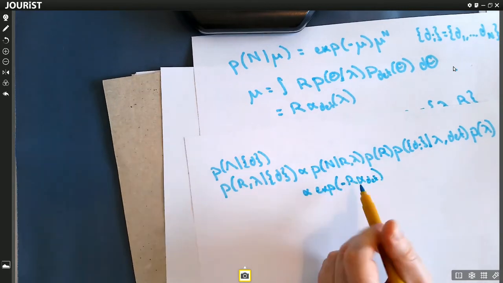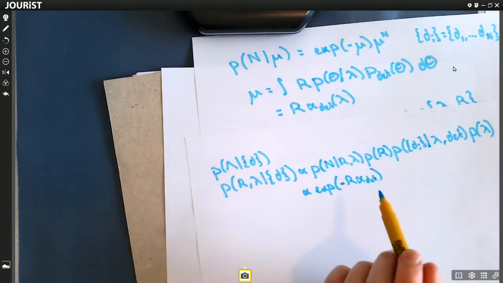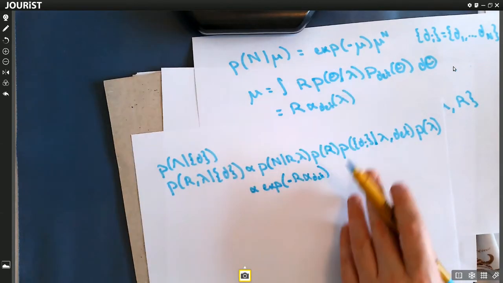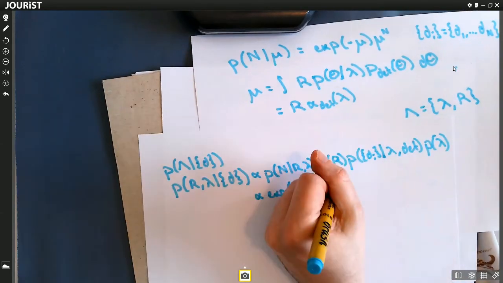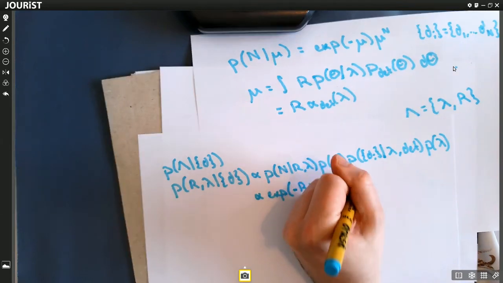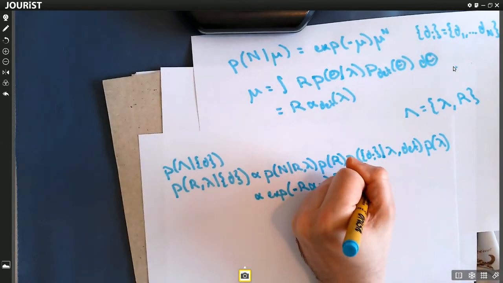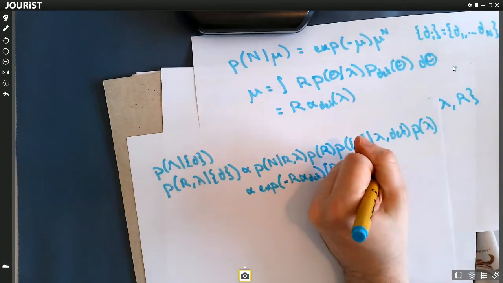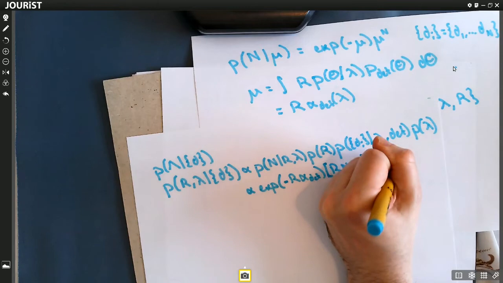Alpha is a function of lambda, but I'm not going to write that down because we're going to run out of space otherwise. Multiplied by mu to the n, which is just going to be R alpha_det to the n. Okay, and that's going to be then multiplied by our prior on the rate.